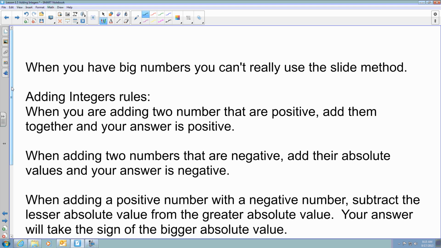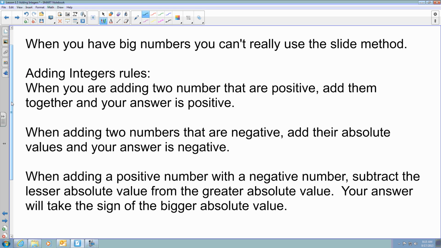I do realize that you can't use that number line for really big numbers. So there are some rules that we have to follow in order to add integers. One is when you are adding two numbers that are positive, your answer will always be positive.